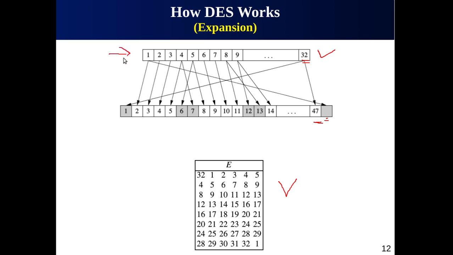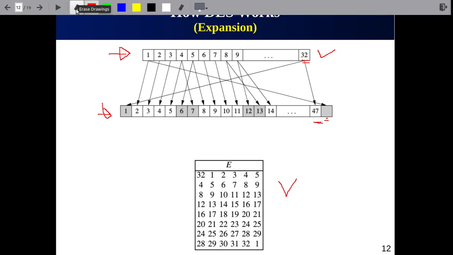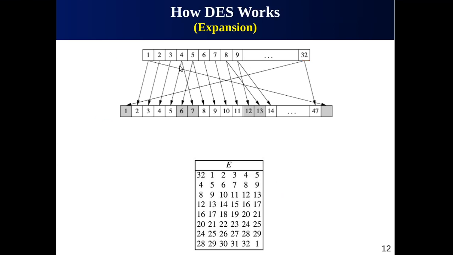In the input it is numbered from 1 to 32, and here it is numbered from 1 to 48. So how is it expanded? Very simple. Some of the input goes to more than one output. Here you can see some of the input, for example 4, goes to more than one output, and that's it. That is how we convert 32-bit into 48-bit, by using this table.